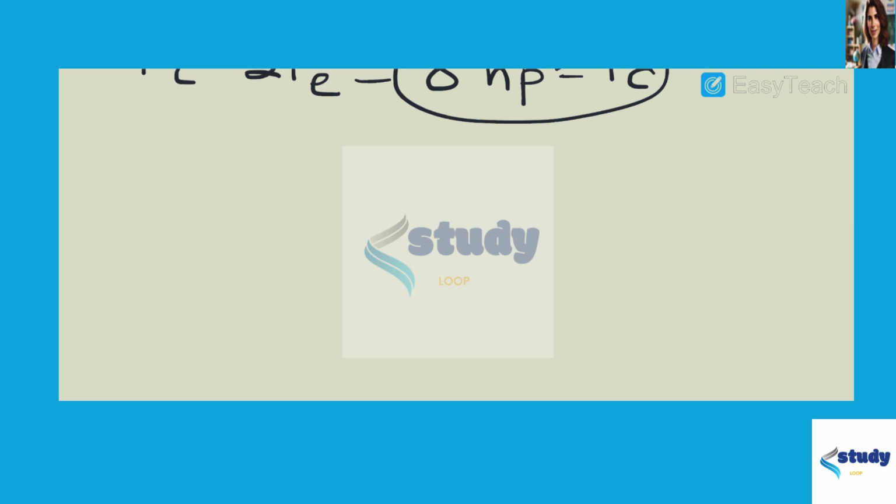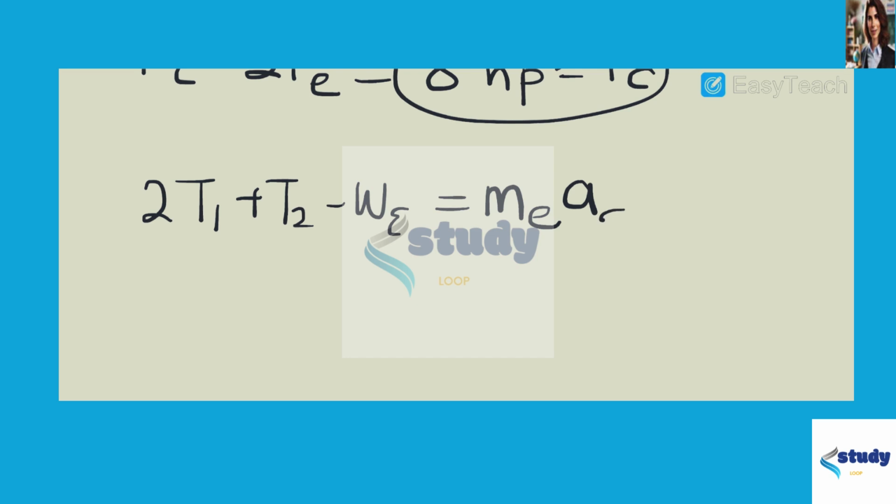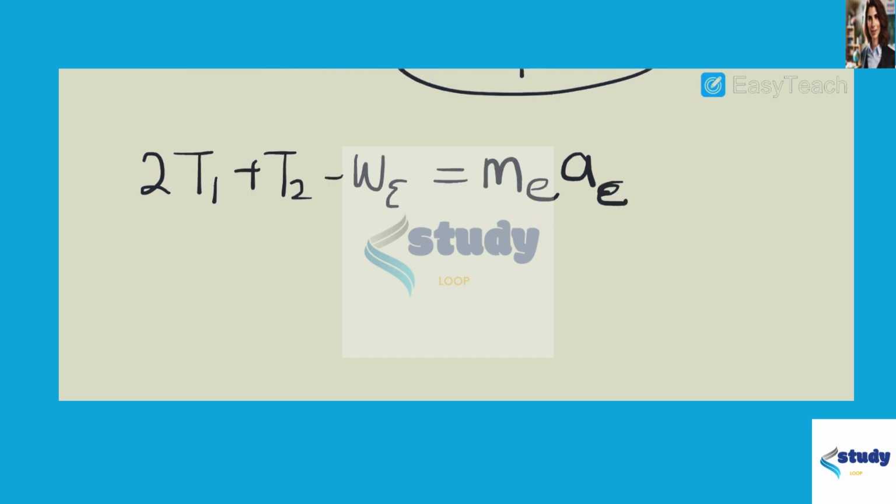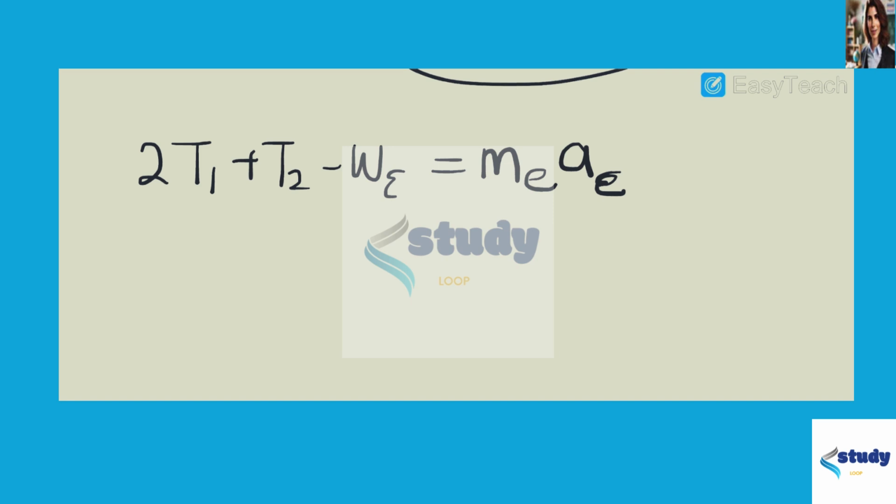So for the elevator we have 2T1 plus T2 minus WE is equal to MEAE. And for the counterweight, we're going to have something a little different: T2 minus WW is equal to negative MWAW.